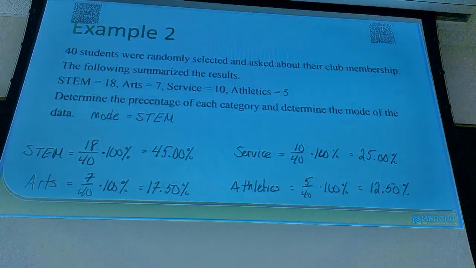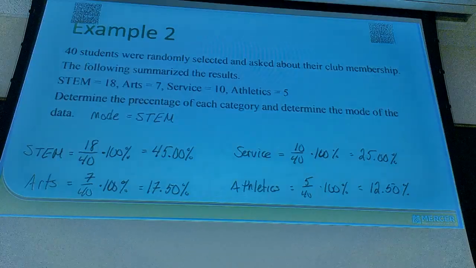Depends. Are you limited to just being in one club? What if I was in athletics and a STEM club? Now I'm being counted twice. Frequency will not add up to 40, which means that won't necessarily add up to 100%.